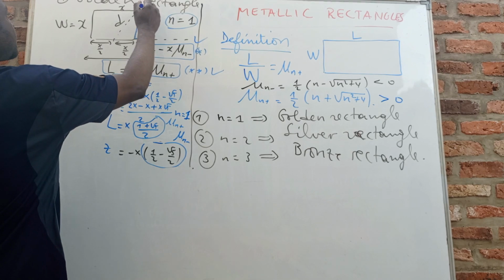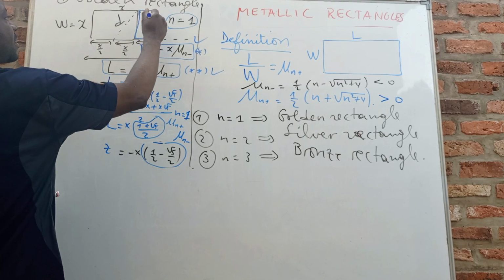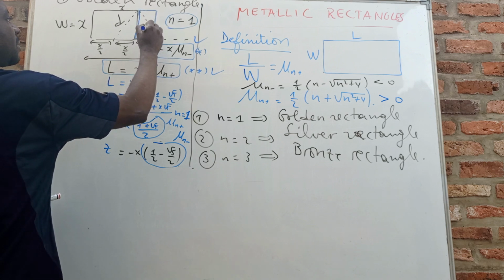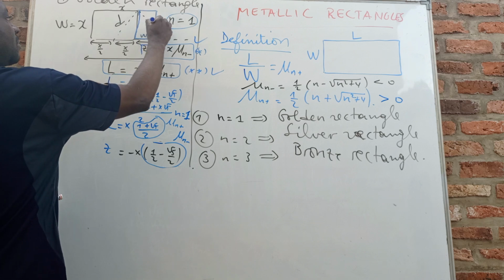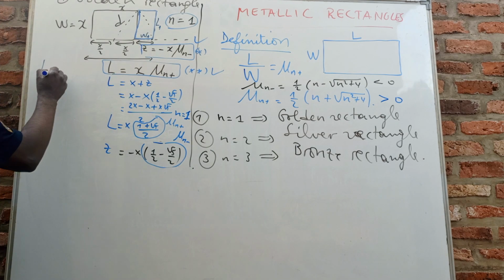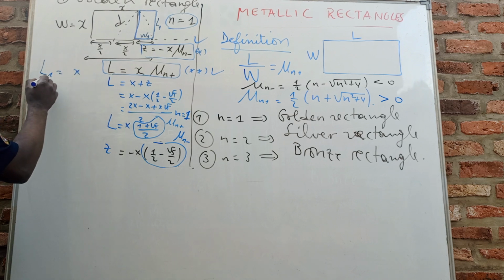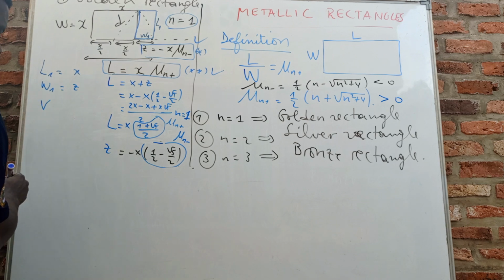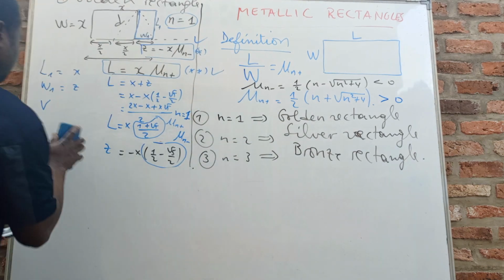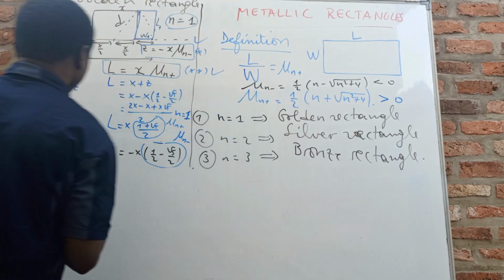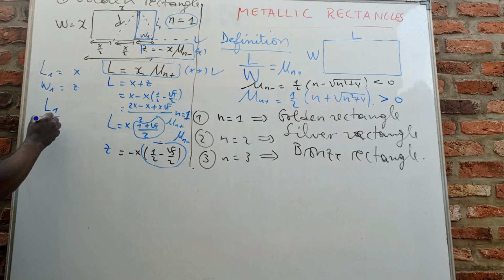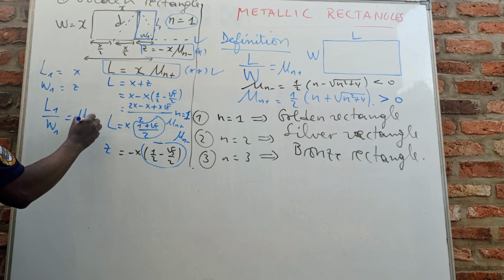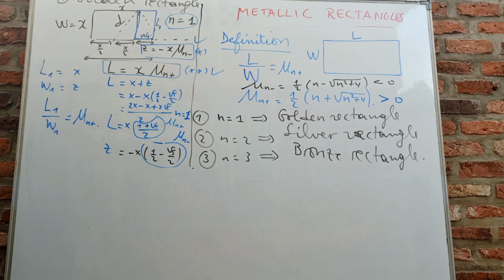If we set the width W1 and the length L1, with L1 equal to X and W1 equal to Z, and we make this ratio, length over width, then finally, if we calculate, we prove that it is equal to the golden ratio.